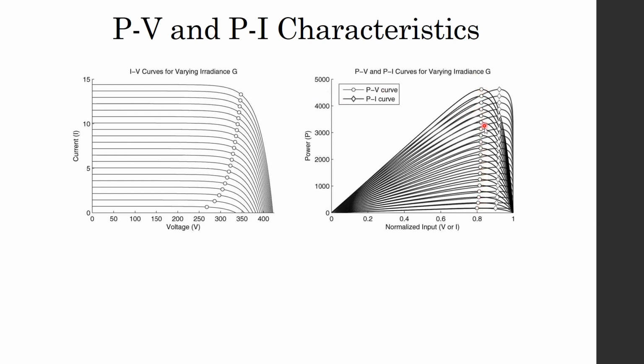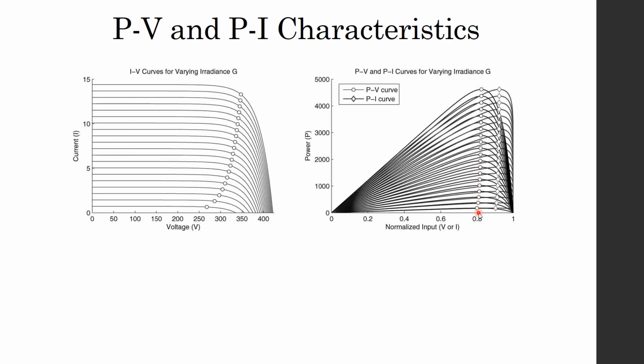Now we'll see that there is a certain point here, this point, at which the maximum power is produced. For example, this point is the maximum power of this curve. This point has a certain maximum power of the PV panels, and a certain amount of voltage.